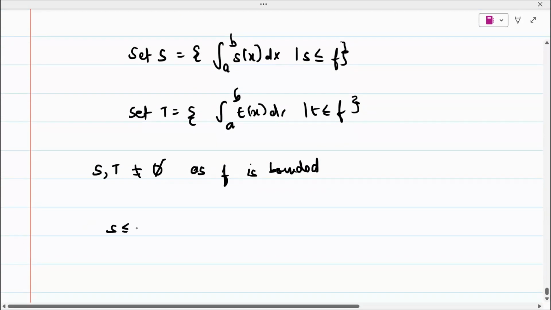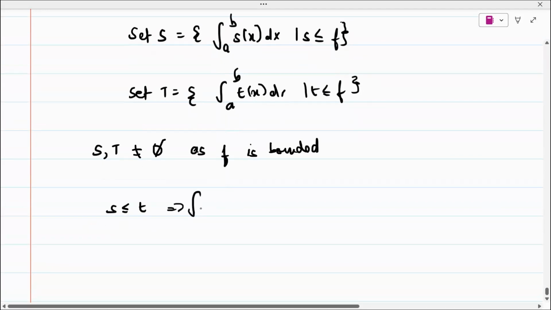Also, since f is less than or equal to t, which implies the integral is also less, by the comparison theorem.